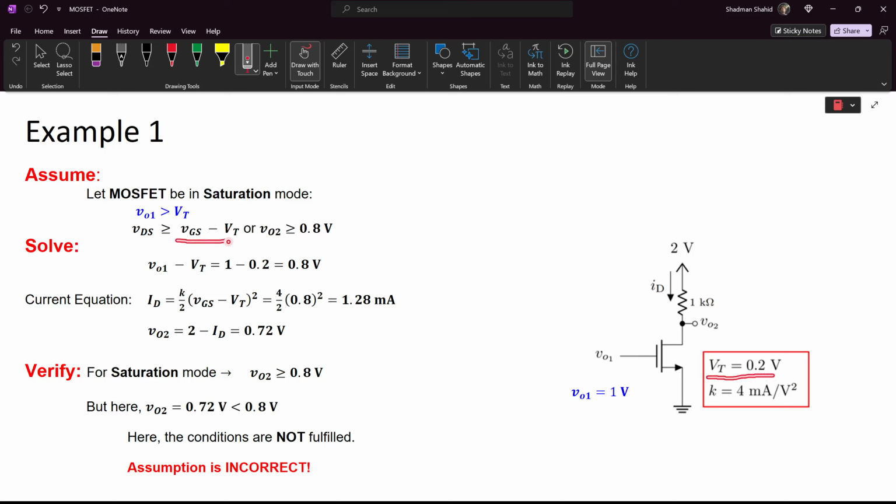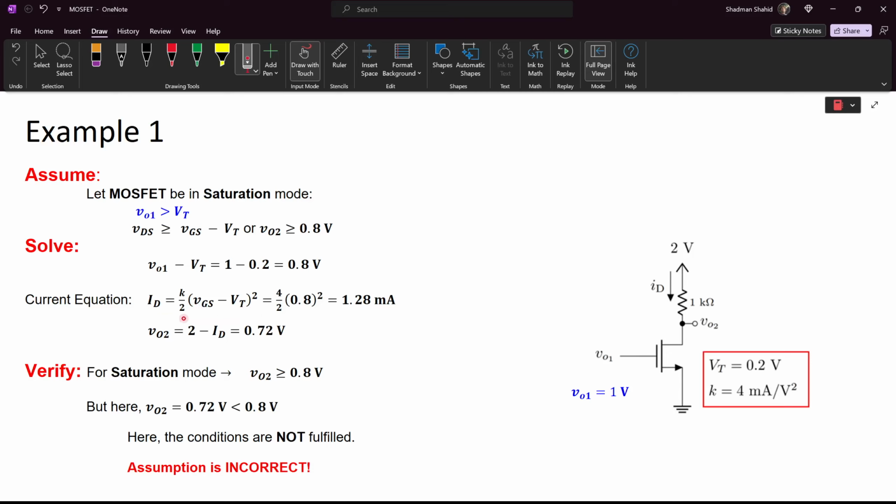So VGS minus VT is clearly 1 minus 0.2 or 0.8 volt. So if we solve the circuit, we can write down the equation of the current through the MOSFET, that is ID, as K over 2 times VGS minus VT whole squared.